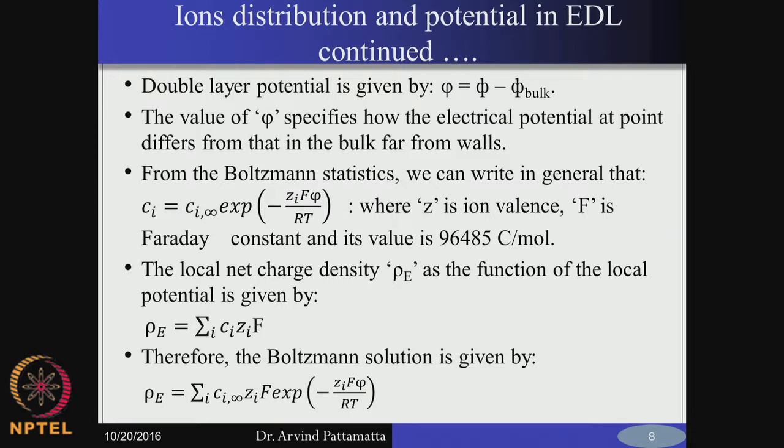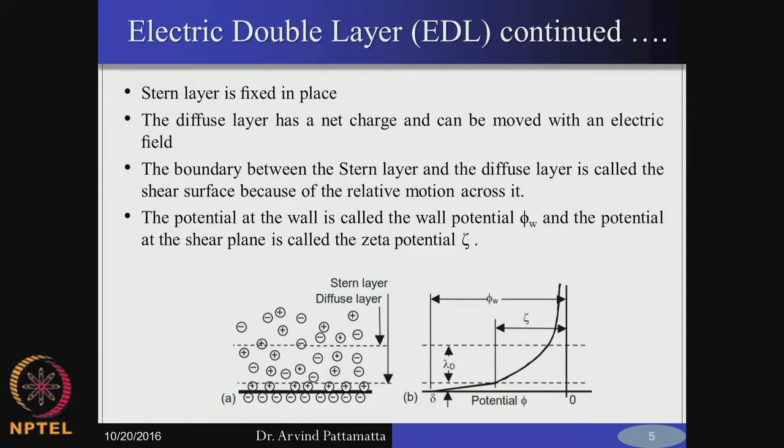This is required because we do not know how the potential actually varies. We only know the value at the wall and the value at large values of y, so the intermediate variation is not clear.